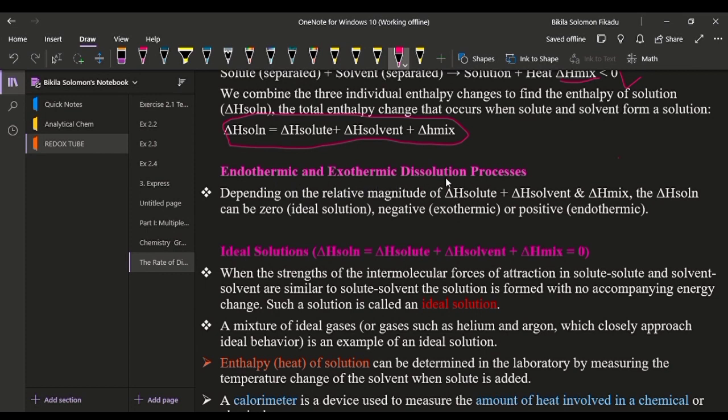So depending on the relative magnitudes of change H solid plus change H solvent and change H of mix, the change H solution can be 0 or ideal solution, or negative exothermic, positive endothermic.